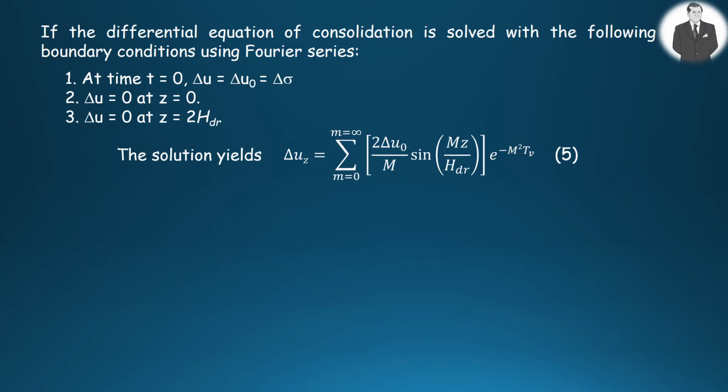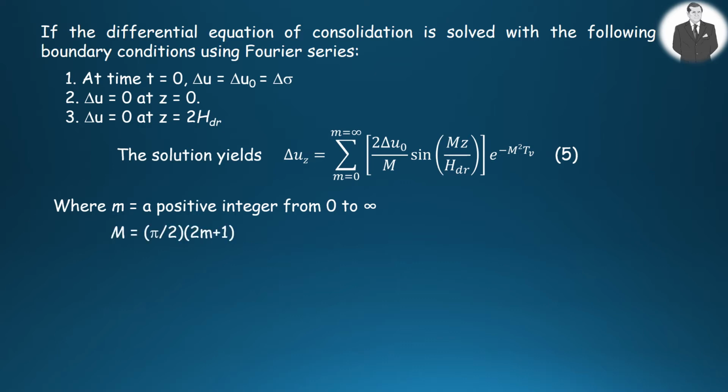This solution yields equation 5, where small m is a positive integer from 0 to infinity. Capital M is equal to the expression given here. Delta u sub 0 is the initial excess pore water pressure.